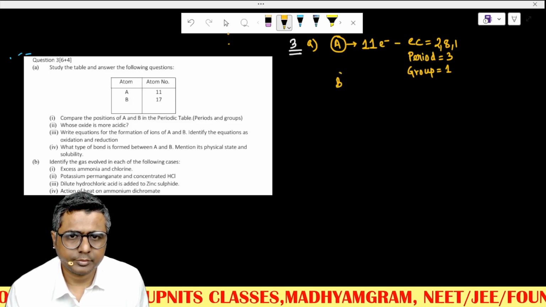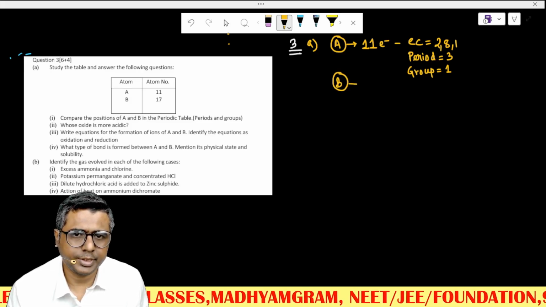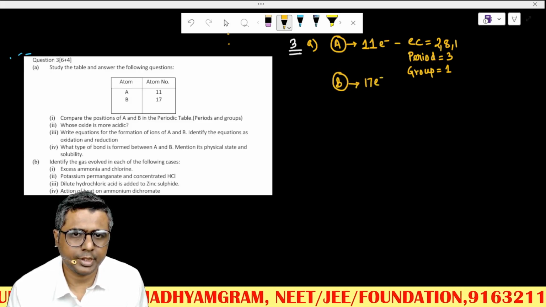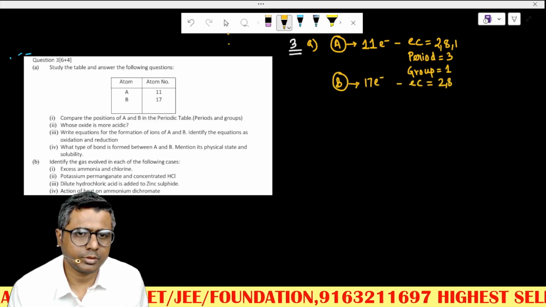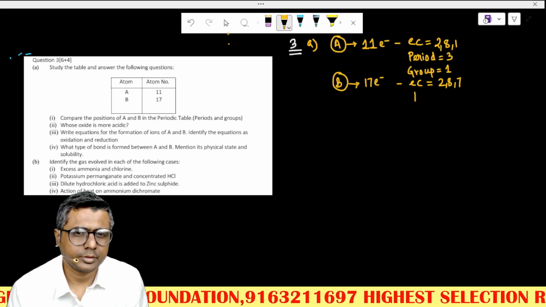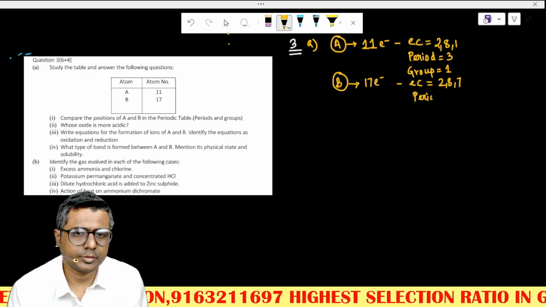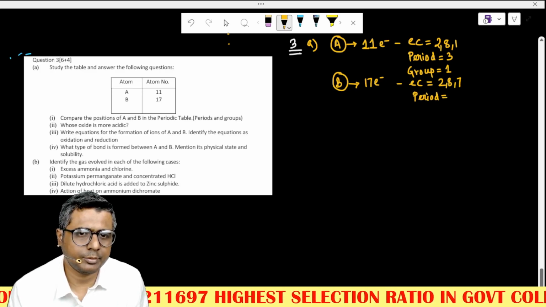Next is B. B has 17 electrons, so I'll do its electronic configuration, 2, 8, 7. Period will be 3.